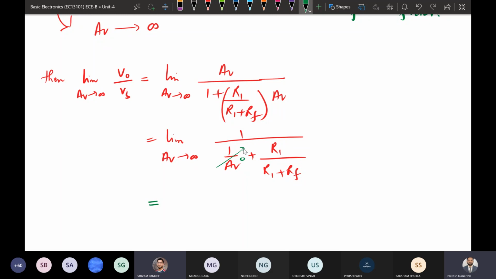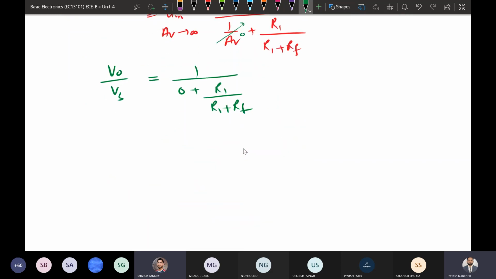So next we will write 1 divided by 0 plus R1 by R1 plus Rf. So that will be our Vo divided by Vs by putting the limit equals to infinity. So Vo divided by Vs will be equal to this one. It is going upside down, so it is R1 plus Rf divided by R1, which is equal to 1 plus Rf by R1.